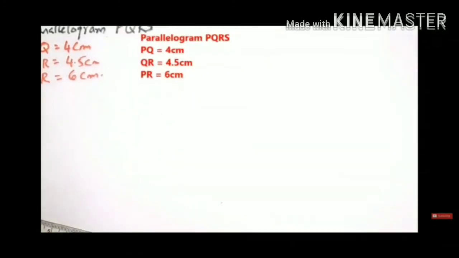But we know we want 5 independent measurements to construct any quadrilateral. But here you have only 3. So recall the properties of a parallelogram.